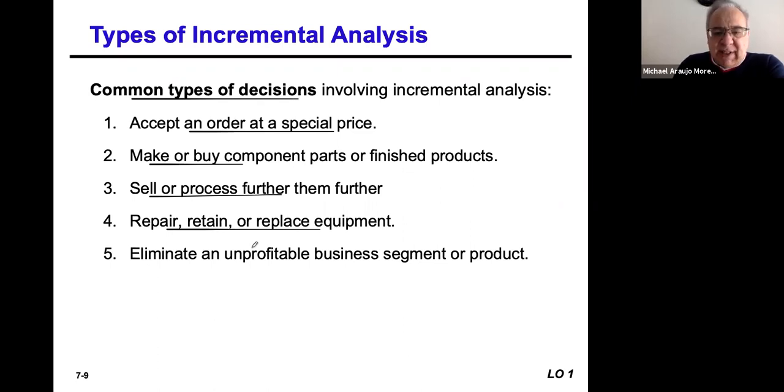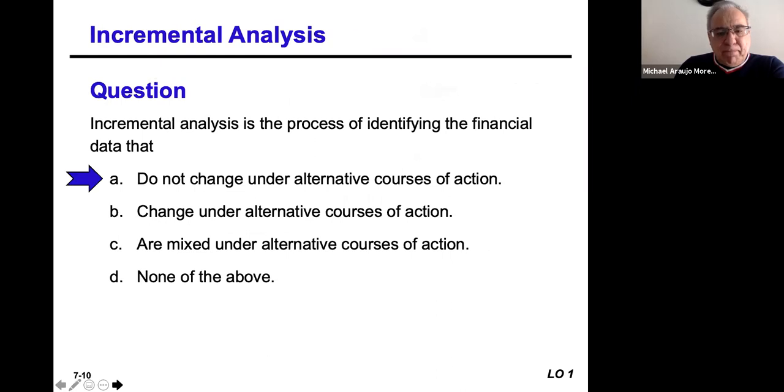And Learning Objective 6 here, which is the 5th decision listed here, is how does a business decide to eliminate an unprofitable part of their business or an unprofitable product? So all of these are individual learning objectives within this chapter, okay, that we're going to be reviewing.